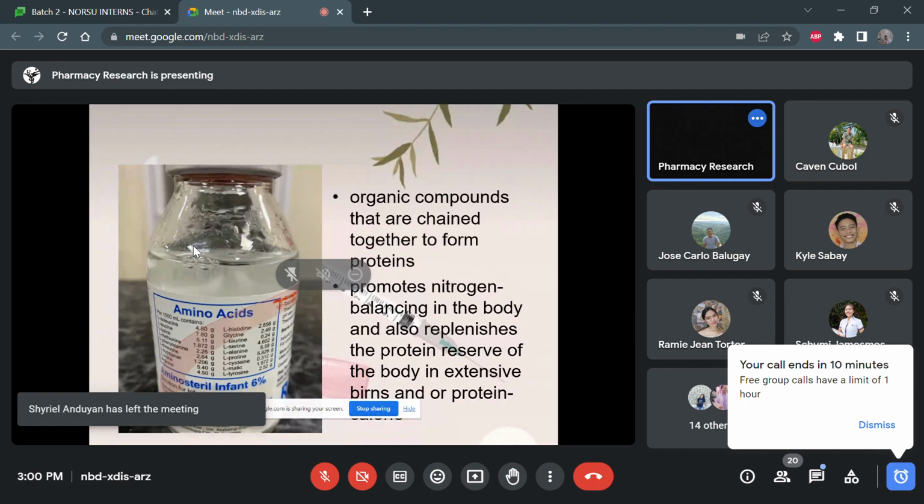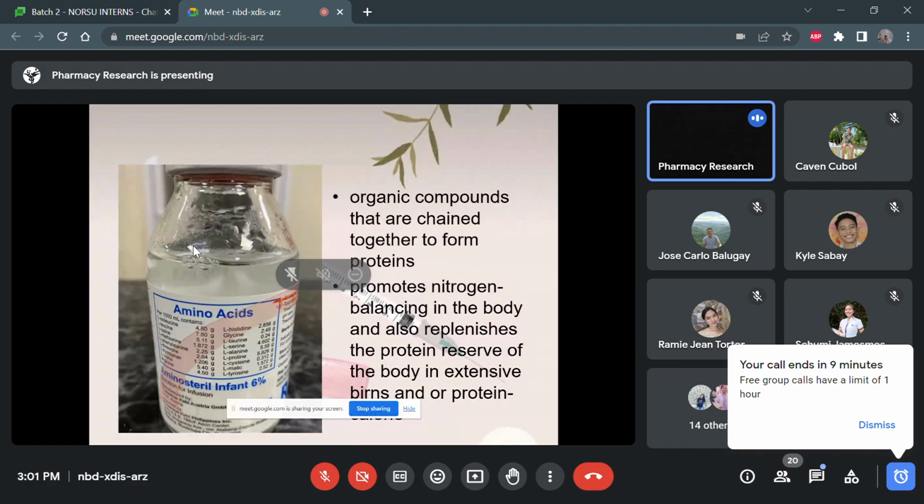Then there is an essential amino acid, and this TPN provides electrolytes only. Then the lipid emulsion provides a source of calories and essential fatty acids in adults and pediatric patients, including preterm infants, for parenteral nutrition when oral or enteral nutrition is not possible.